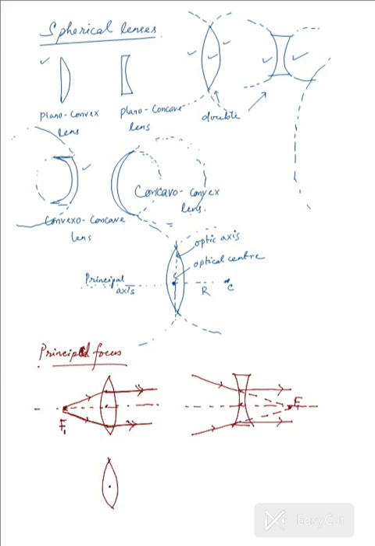Again, we consider the principal axis and if we have light rays approaching the lens parallel to the principal axis, then after refraction they are converged to a point on the principal axis. Now this point to which they are converged is again the principal focus. We call it the second focus. That's why I've named it as f2.